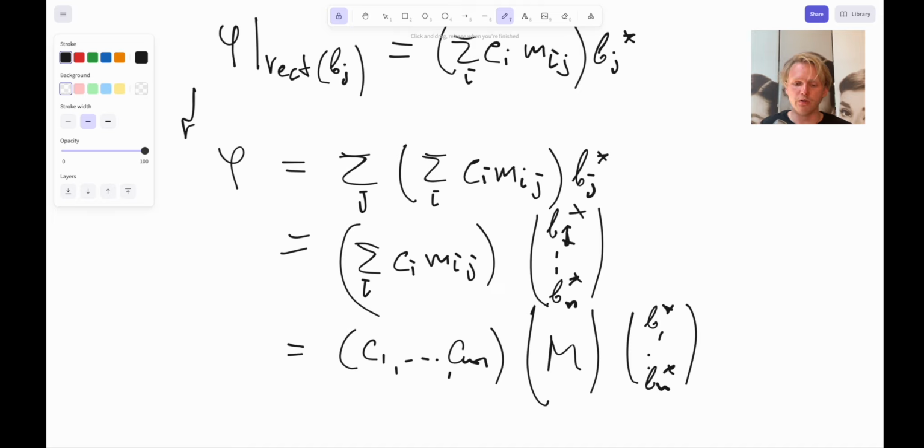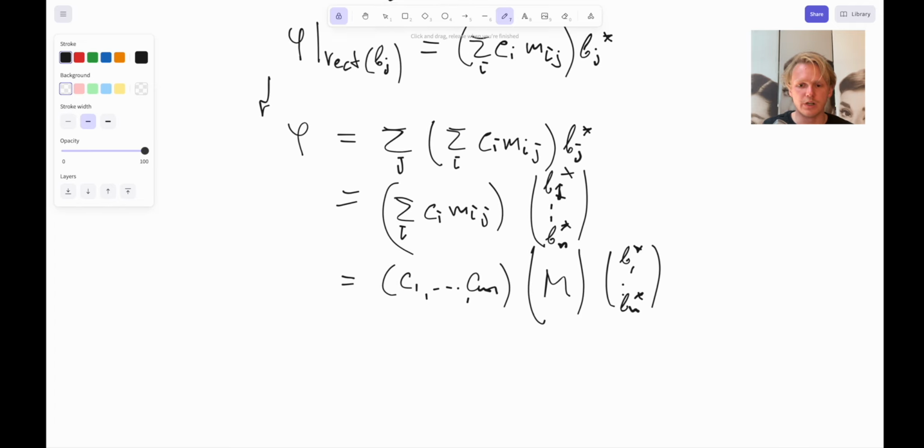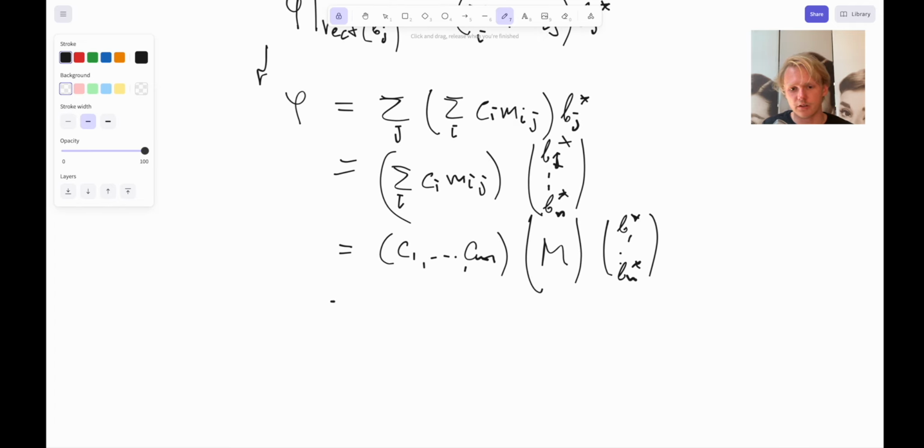And now you see the space for substitution. A simpler way to write it is C, M, B star.